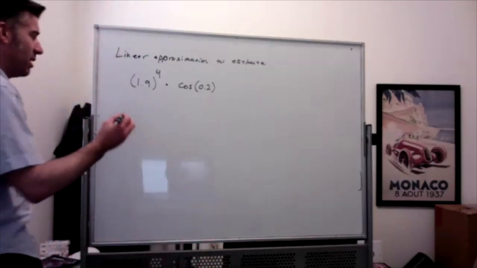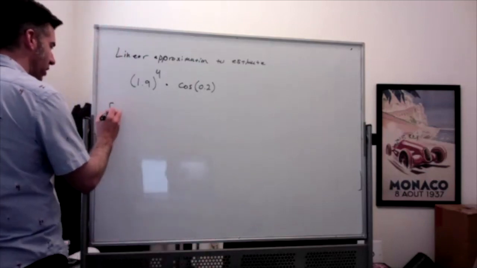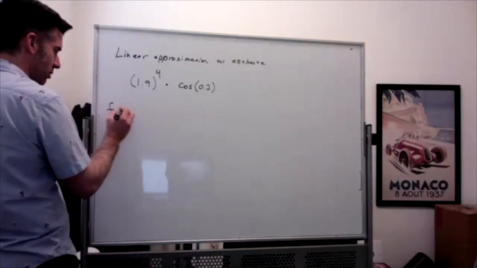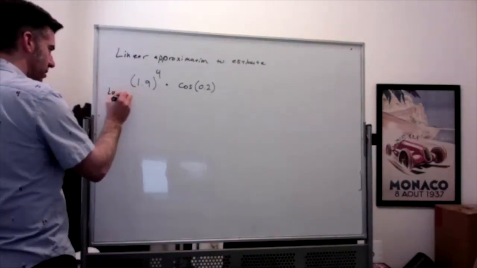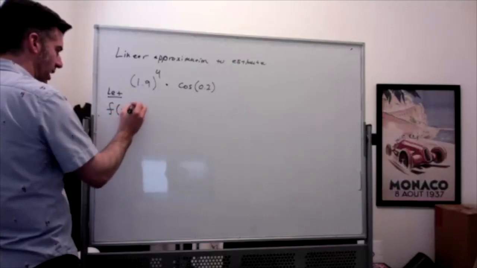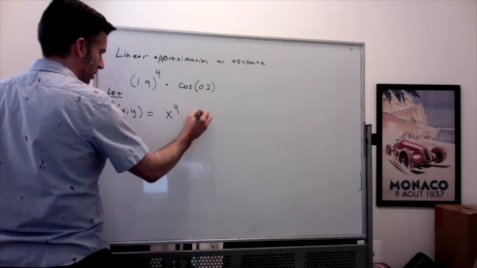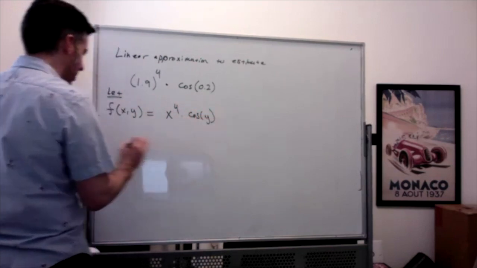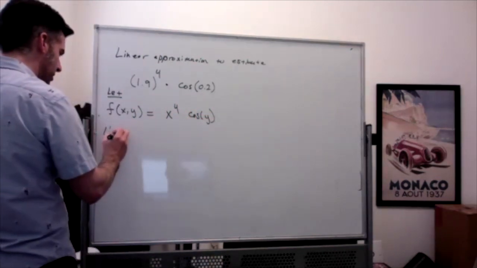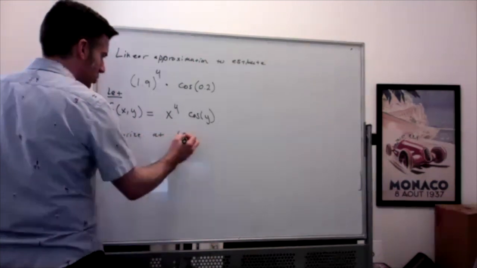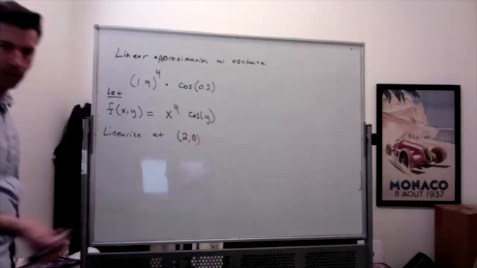So we're going to let the function of x and y equal x to the fourth times cosine of y, and we are going to linearize this at the point (2, 0).